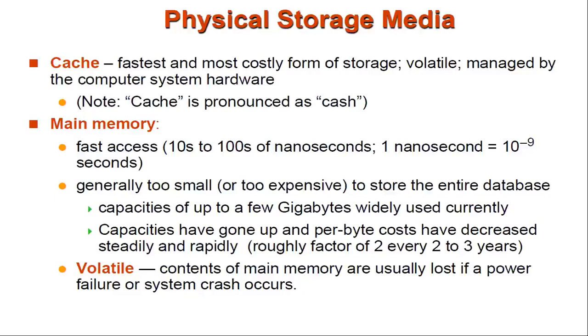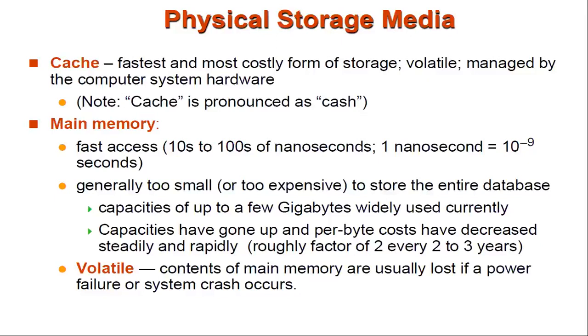It is like an integrated IC chip available in between your CPU and RAM. It is also volatile, which means when you switch off your system and the power goes off, the content of the cache will be erased. It is actually managed by the computer system hardware, right?